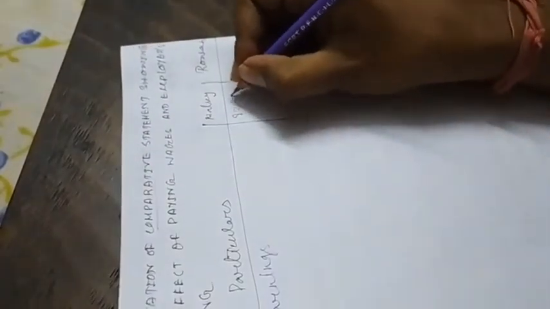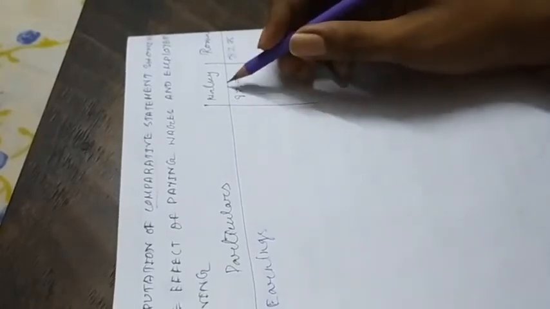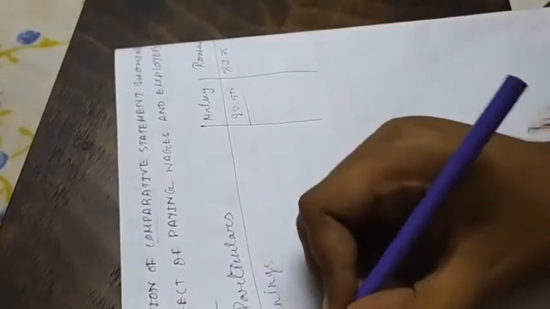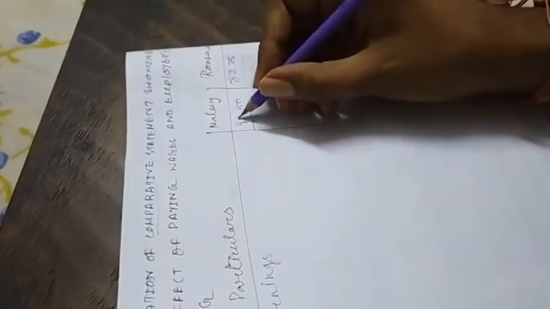So earnings, one is 82.50 and another is 87.75. This is our earnings of work in a day under Halsey and Rowan plan. This is the comparison, and the first comparison is earnings.